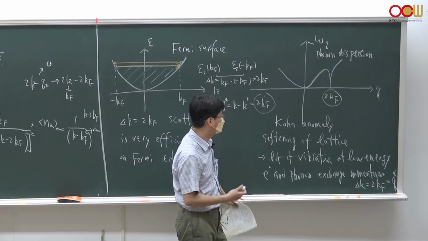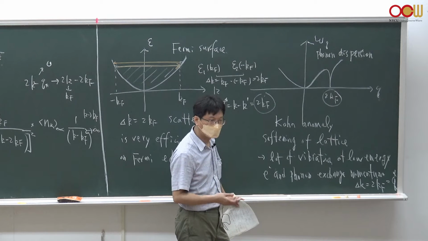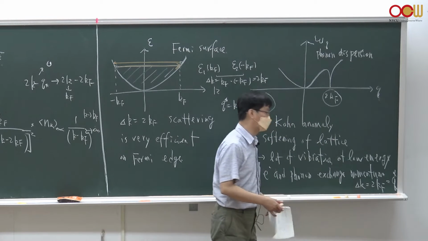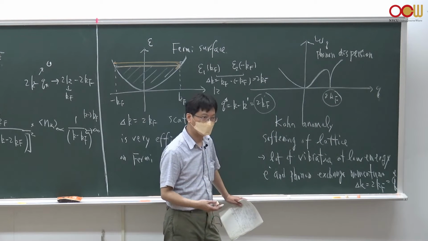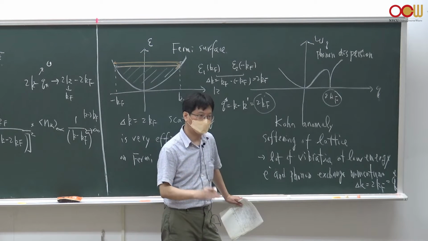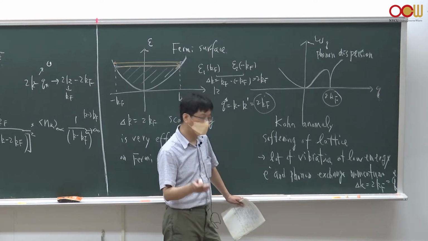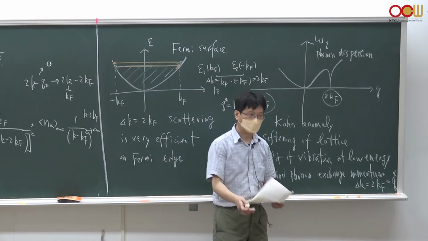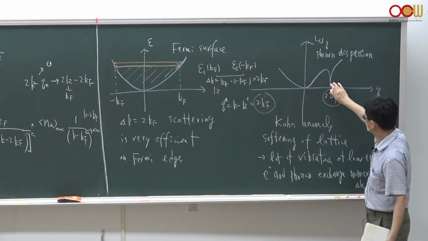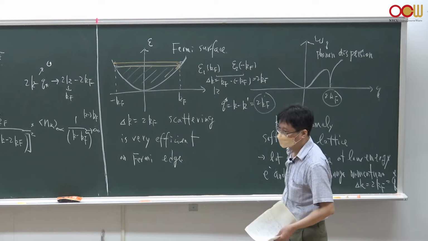And the reason for this anomaly is what I just mentioned: it is due to the softening of the lattice. Lattice vibration at low energies is getting enhanced because electrons near the two edges of the Fermi surface come into play. So electrons and phonons exchange momentum of 2kF, and this 2kF scattering causes this singularity of the slope of the phonon frequency right at 2kF.